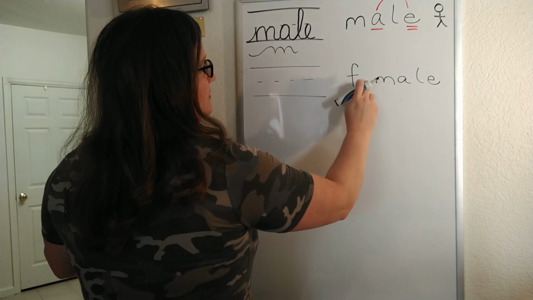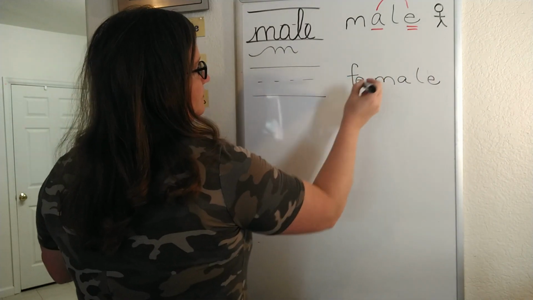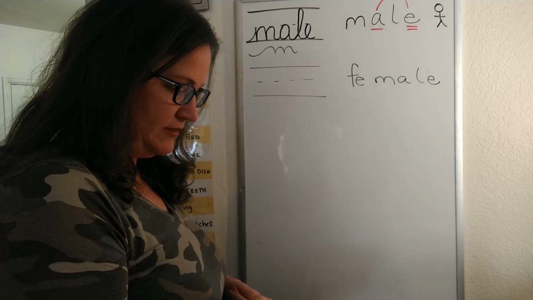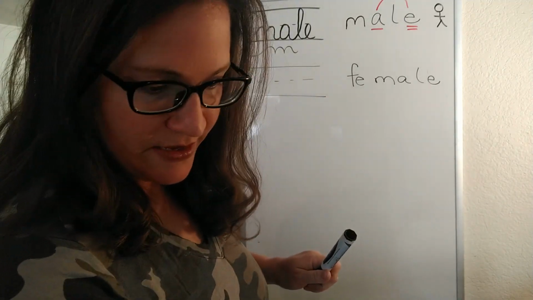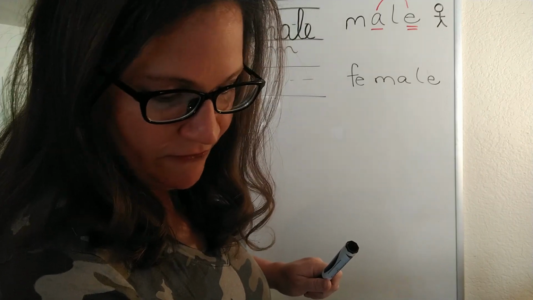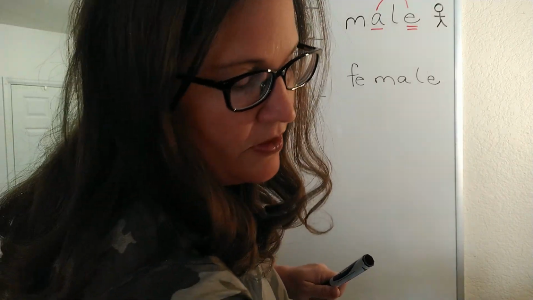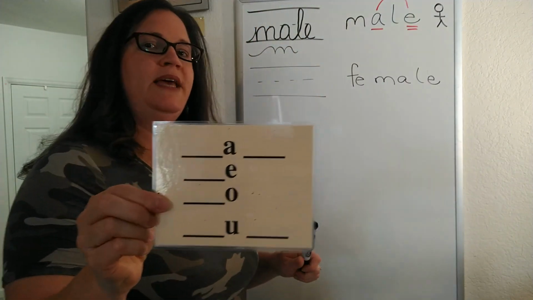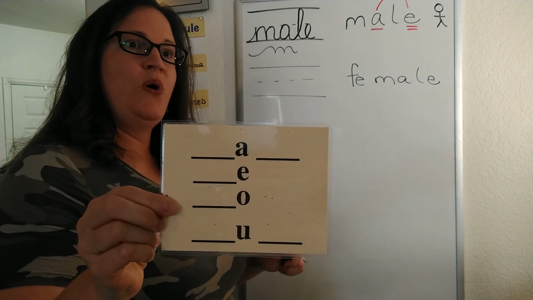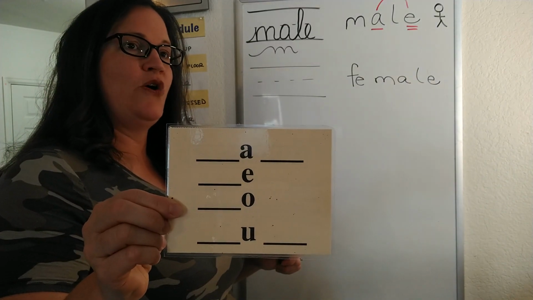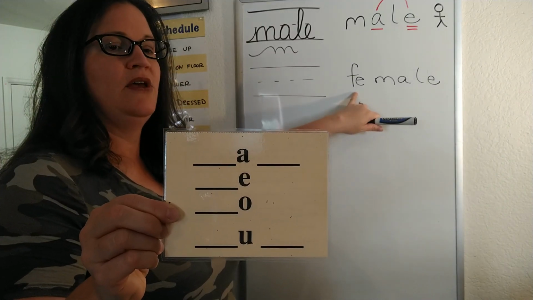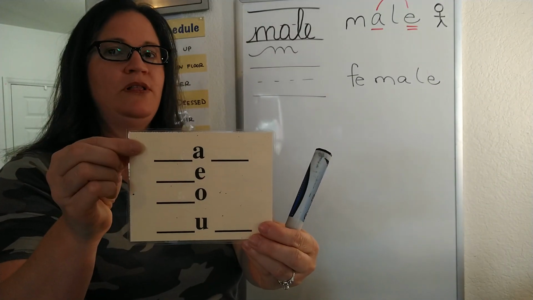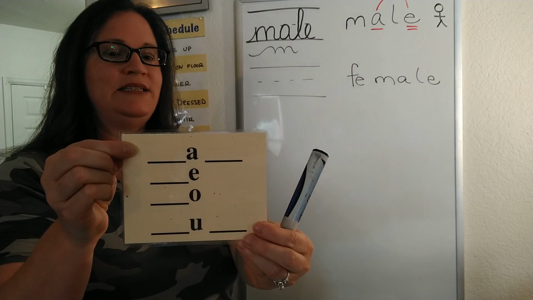Let me put a little more space between these syllables here. What red markings? First, let's talk about that E. Why is it not feh? Because remember, our rule says A, E, O, and U can say A, E, O, and U at the end of a syllable, right? So this would be the example, lazy.